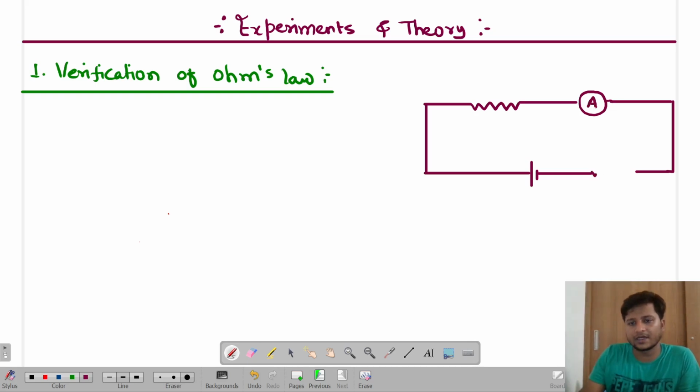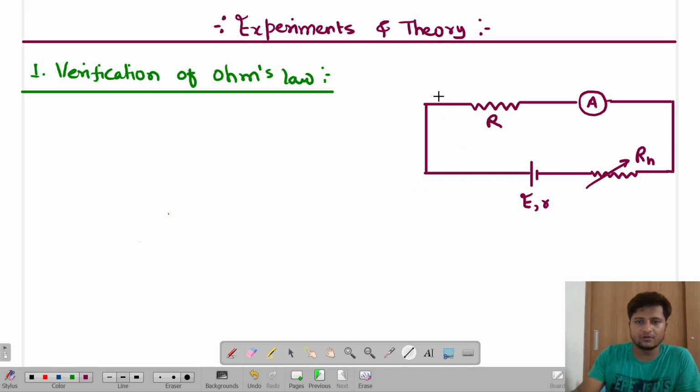And here I have a variable resistor, rheostat, whatever it is. And this is my battery, which has some internal resistance. Now Ohm's law will help you to define the relationship over this external resistor R by finding the voltage and current through it.